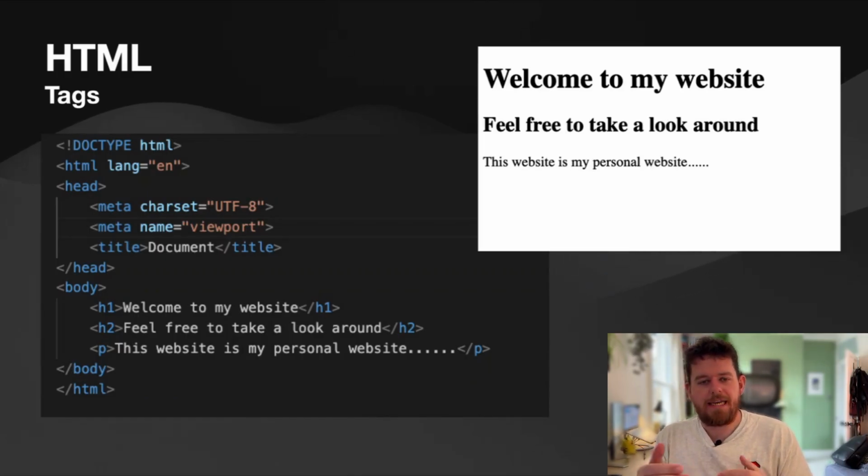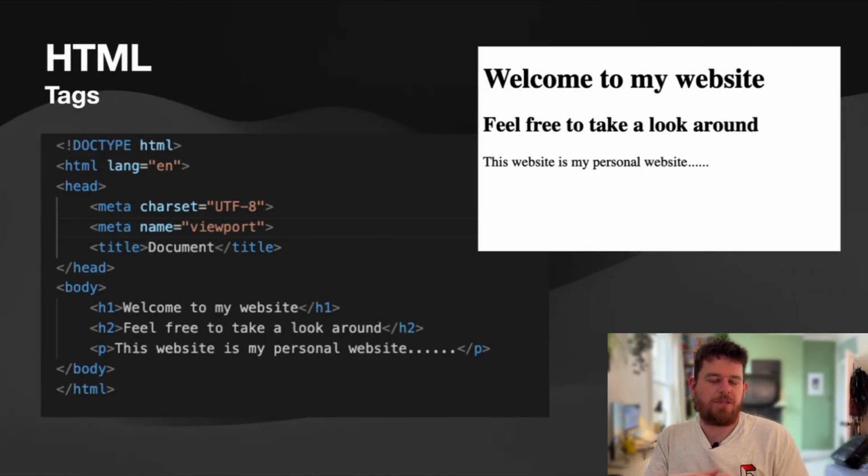You'll see that we've got tags inside of tags here as well. So we have head tags that have meta tags and title tags inside them. Now the head tags aren't visible to us as a user. These are just used by the browser to give meta information or information about the website that the browser will use.